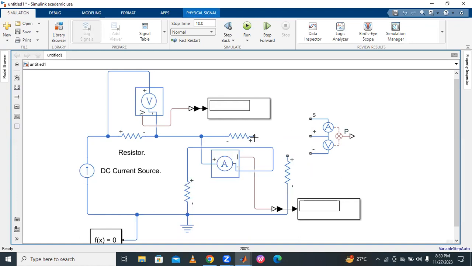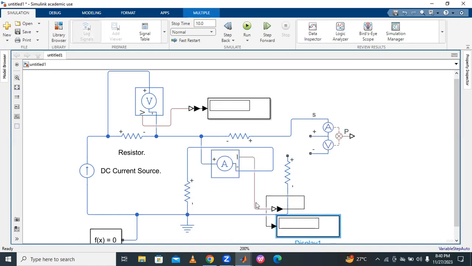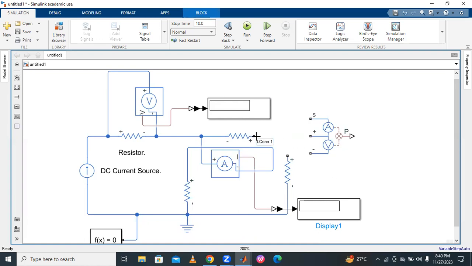Delete and connect this in series, and then connect the second terminal to the voltage. The positive terminal is connected here, and the voltage is connected in parallel: current in series and voltage in parallel.